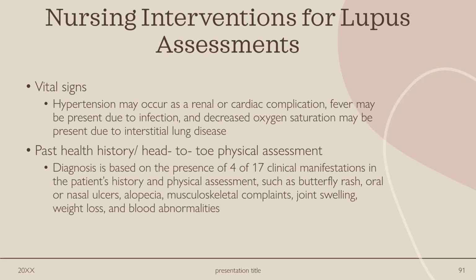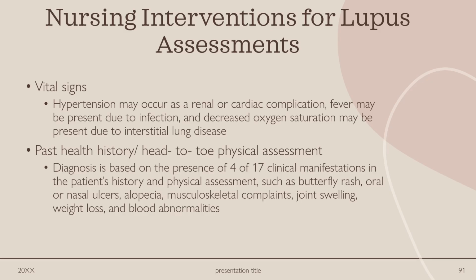So some nursing interventions for lupus. We are going to assess, and we're going to start with vital signs. Hypertension may occur as a renal or cardiac complication. Fever may be present due to infection, and decreased oxygen saturation may be present due to interstitial lung disease. So we are going to obtain a past health history.